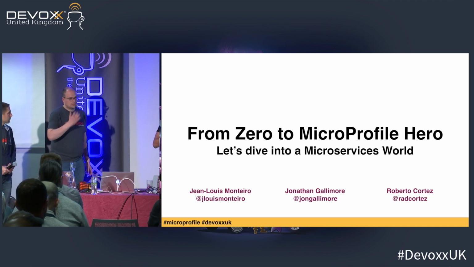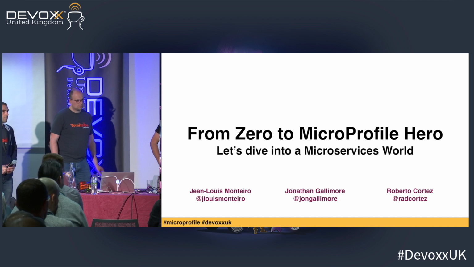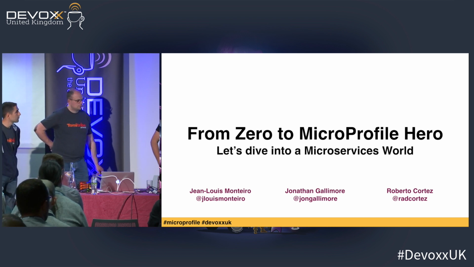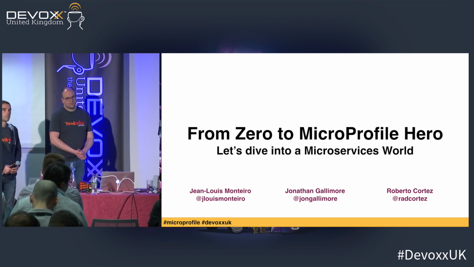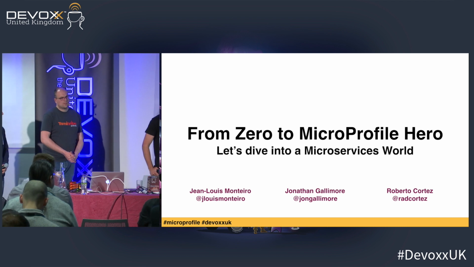So my name is Roberto Cortez. I was working with these guys a few months ago. In the meantime, I changed to another company called TalkDesk. In the last 10 years, I've been working a lot with enterprise technologies, mostly in the financial and government sectors. And of course, building microservices in the last few years.